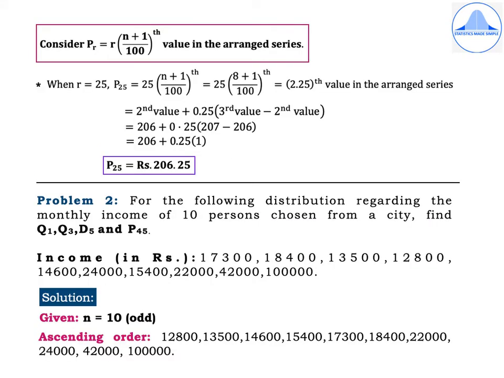Now let us consider the rth percentile formula for raw data. Consider Pr is equal to r into (n plus 1) by 100th value in the arranged series.